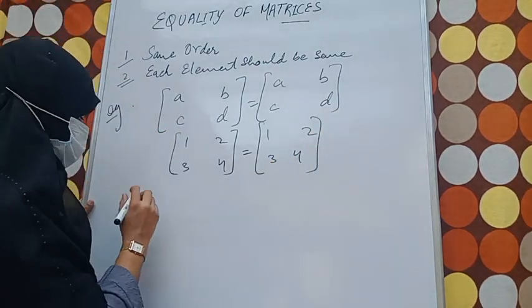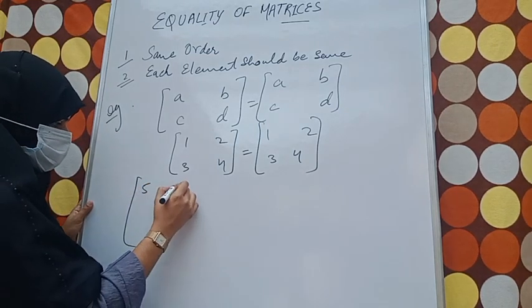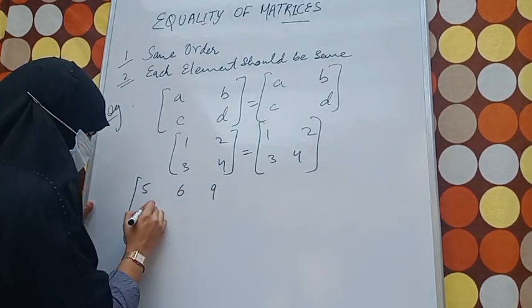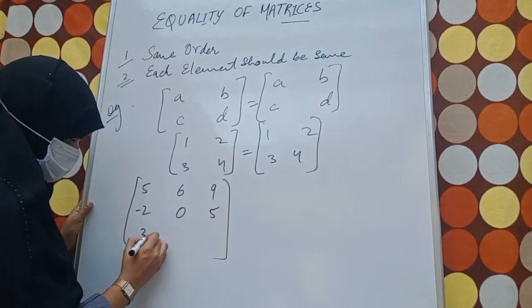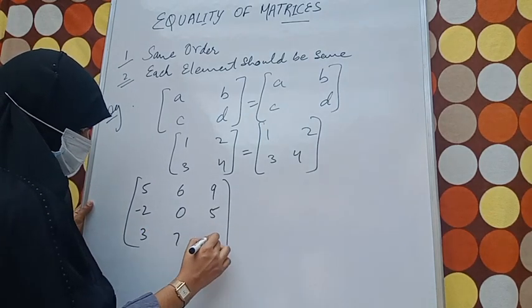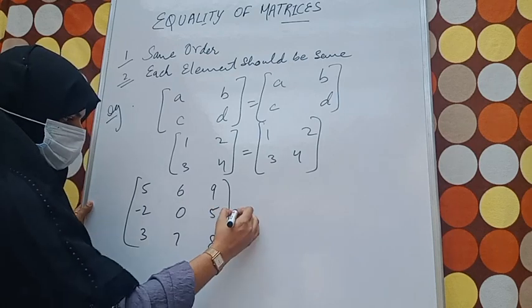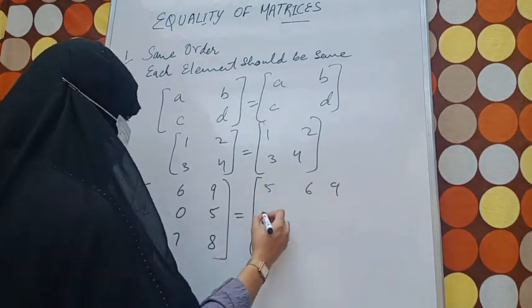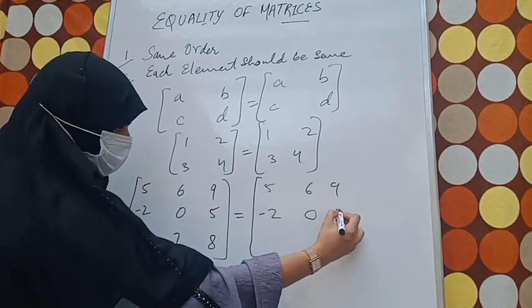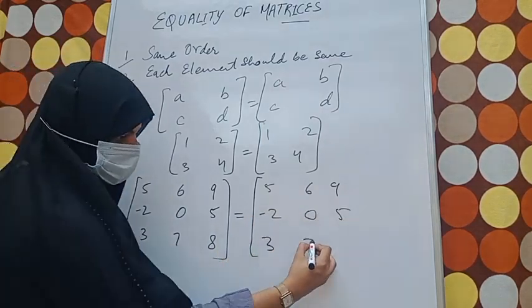Let me give you one more example. 5, 6, 9, minus 2, 0, 5, 3, 7, 8. Now we have 5, 6, 9, minus 2, 0, 5, 3, 7, 8.